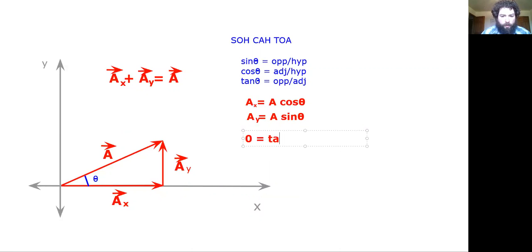The angle is going to be tan to the -1 of AY over AX.